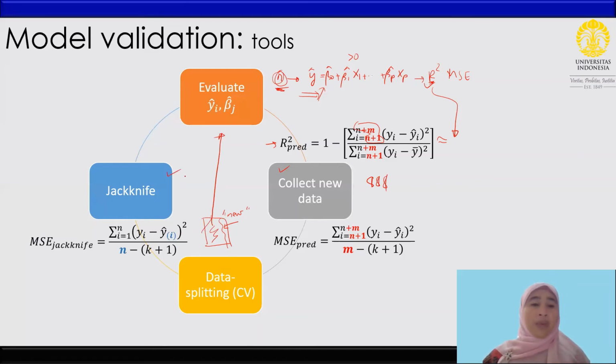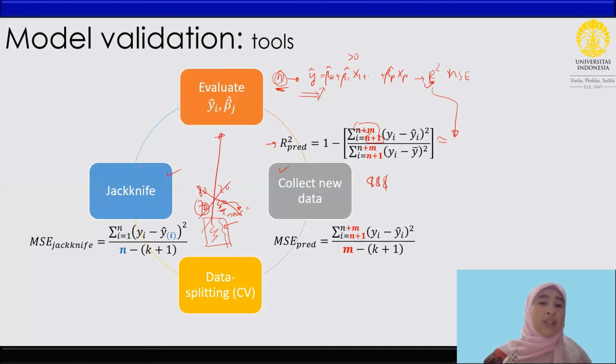The jackknife is kind of like data splitting, but in data splitting we usually have a rule like 70-30 or 80-20. It means that 70% of the data is used to build the model and 30% is considered the new data, or 80-20 in some other cases. In the case that we cannot split like this, we do jackknife.